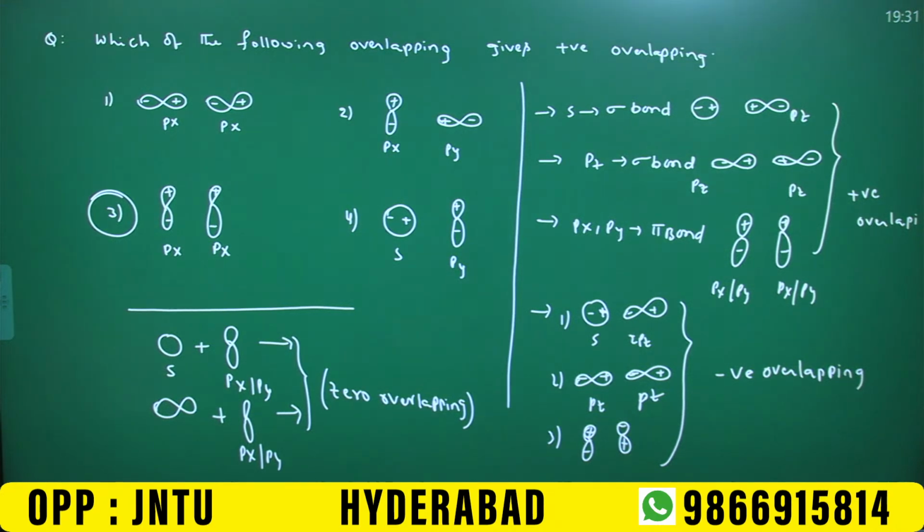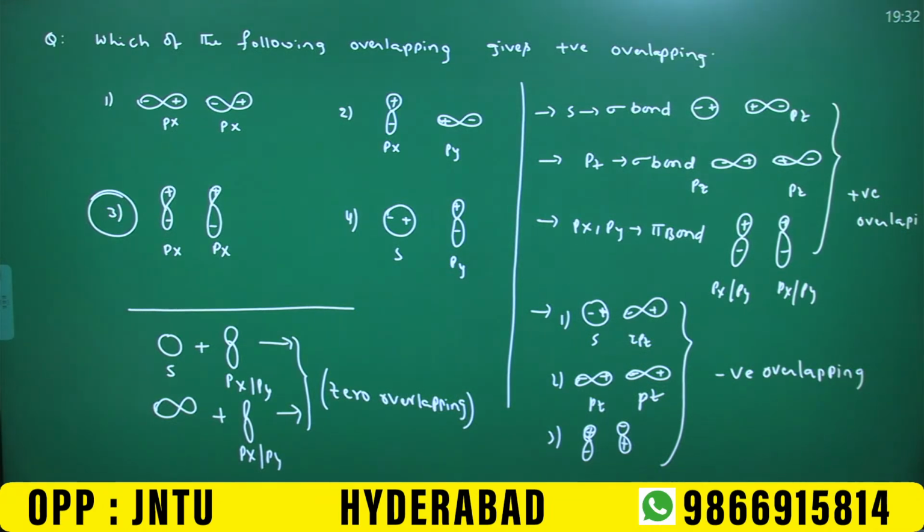ఆ సైన్స్ కరెక్ట్గా పెట్టాలి, ప్లస్లు మైనస్. The combination is going to give zero overlapping because s orbital never forms pi bond.